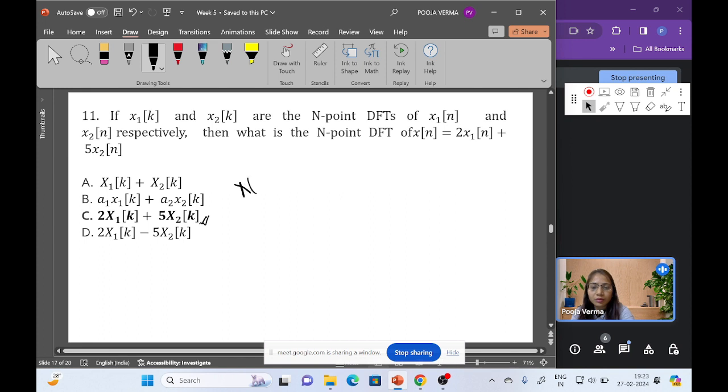Already we know the DFT of x of n: the sum over n equals 0 to N minus 1 of x of n e to the power minus j 2 pi by N k n.